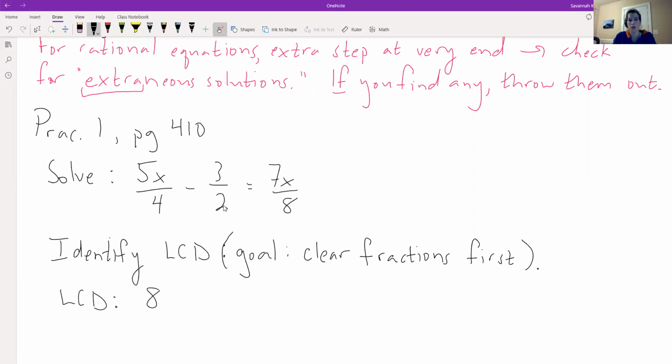It's 8, because 2 divides evenly into 8, 4 divides evenly into 8, and 8, of course, divides evenly into itself. So the LCD is 8, and what we're going to do with it is we're going to multiply the whole problem through by that LCD.